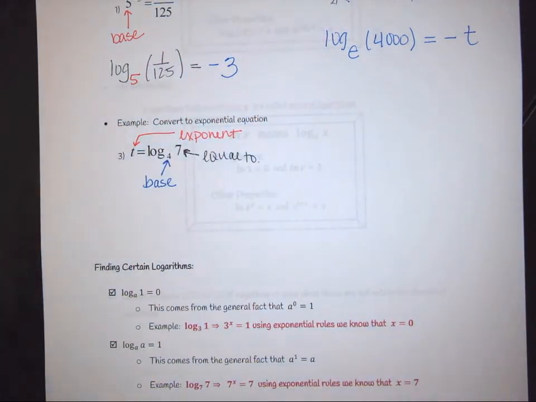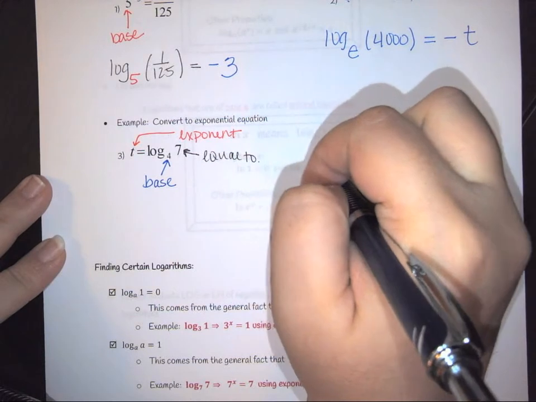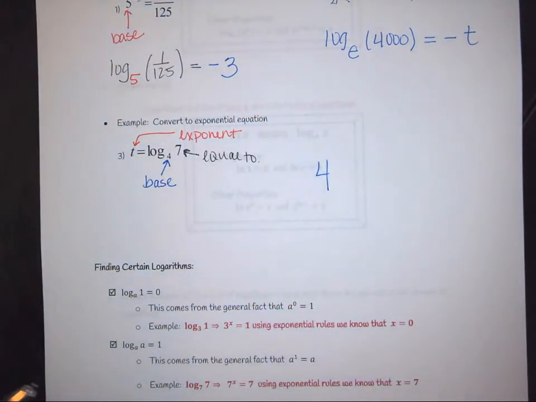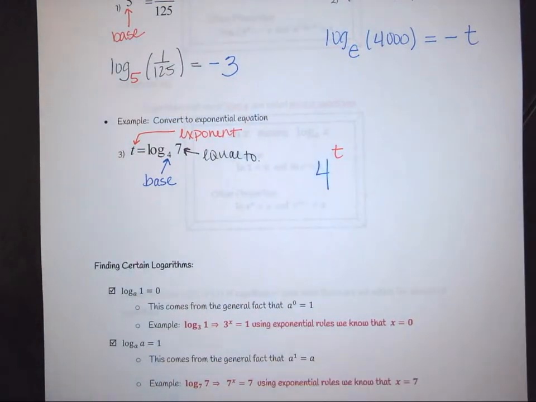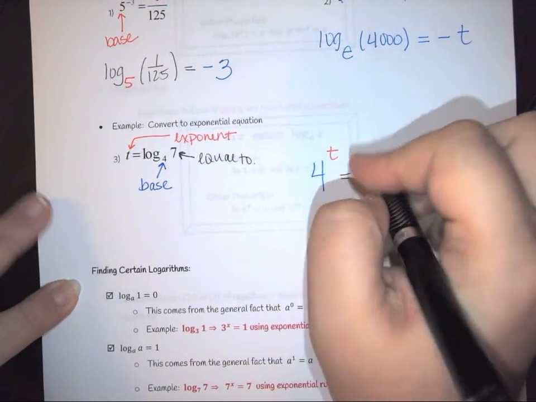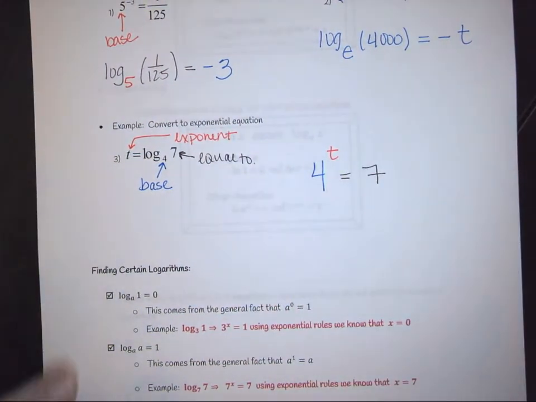So we can set it up: base to the exponent is equal to our number. My base is 4 to the exponent, which is t, is equal to my 7. And that is how you would convert going the other direction.